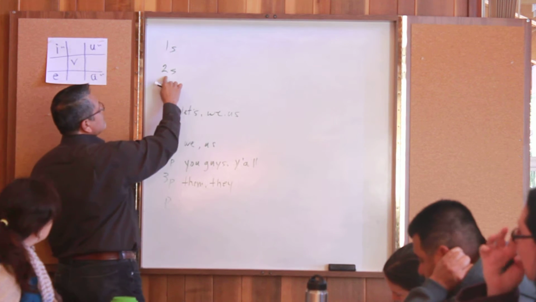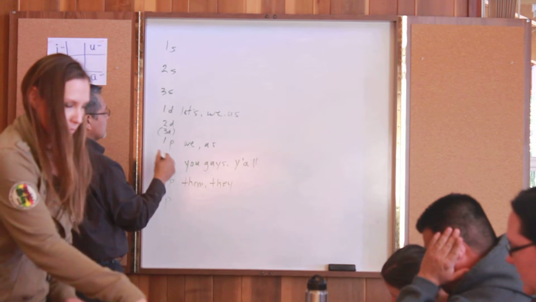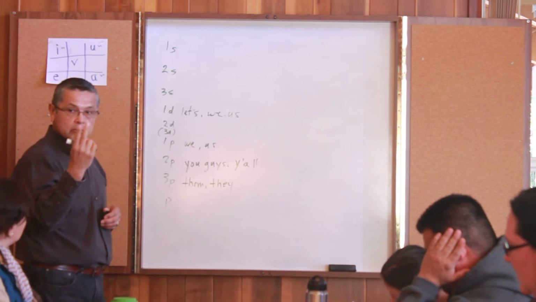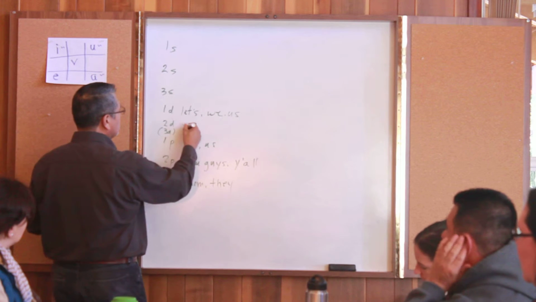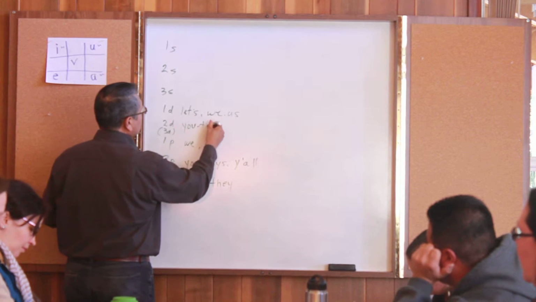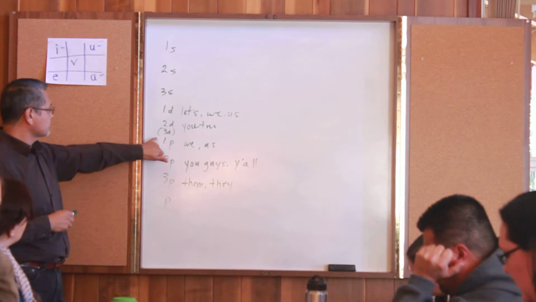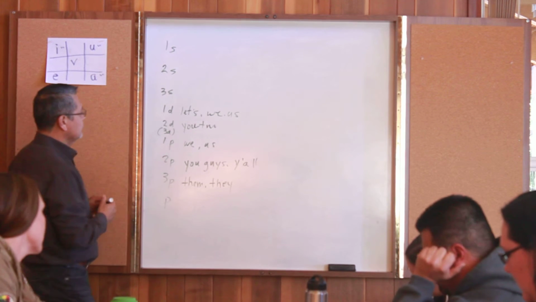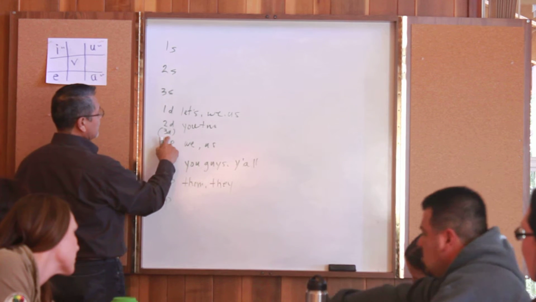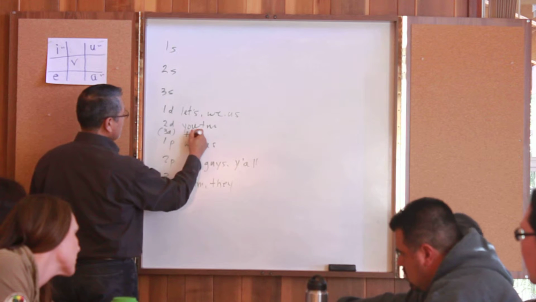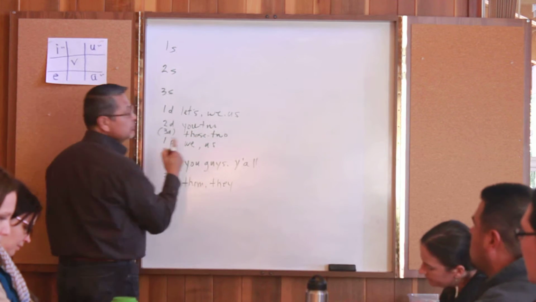Second singular is you, so what's second dual? Two people, so you two. And then third dual, if this is he, she, or it, would be those two.